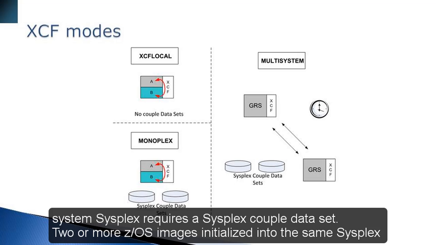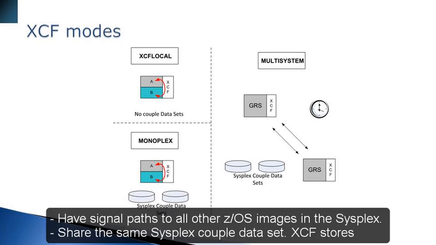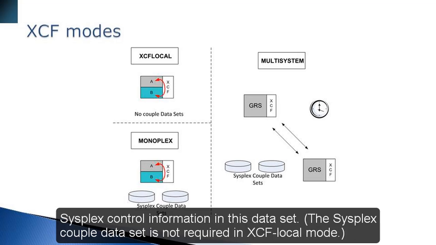Two or more z/OS images that initialize into the same Sysplex operate in multisystem mode. The systems must be time synchronized, have signal paths to all other z/OS images in the Sysplex, and share the same Sysplex couple dataset. XCF stores Sysplex control information in this dataset. The Sysplex couple dataset is not required in XCF local mode.